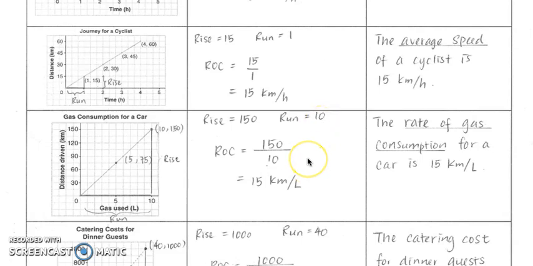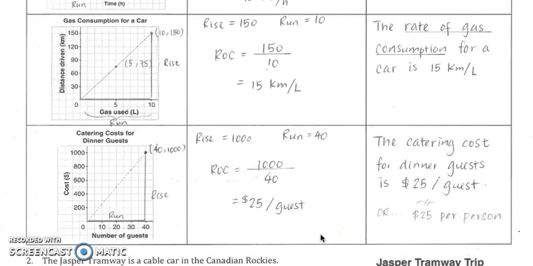So the rate of change is 150 divided by 10, which is 15. Unit is dependent variable first, so kilometers per liter. This shows the rate of gas consumption for a car is 15 kilometers per liter. So 1 liter can take the car a distance of 15 kilometers.